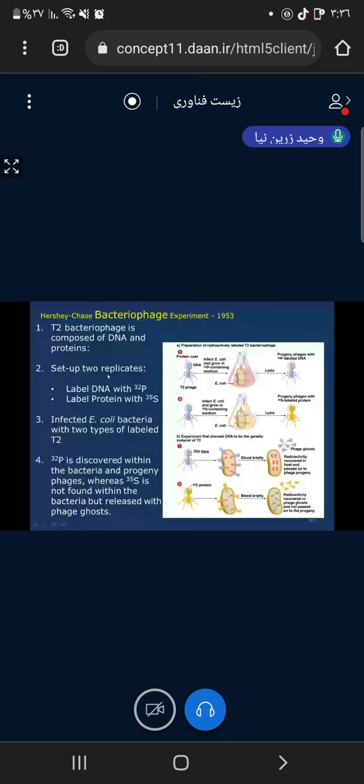To set up 2 replicates, label DNA with P32, and label protein with S35.